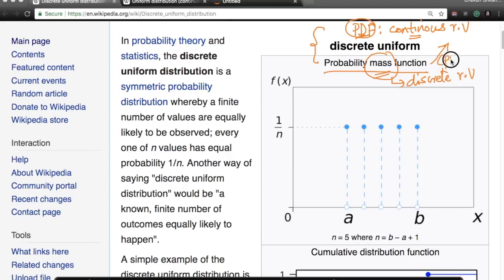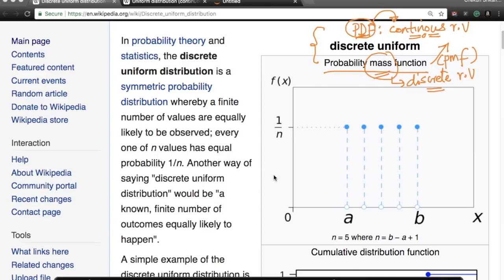So whenever I say PMF, it's understood that I'm talking about a discrete random variable, and whenever I say PDF, it's obvious that I'm talking about a continuous random variable. I've seen a lot of lectures where people use these two terms interchangeably and call everything PDF. That's okay, but it's good to clarify the difference sometimes.